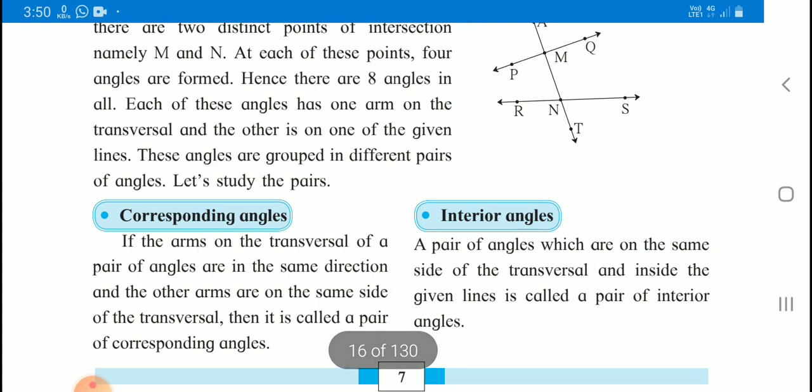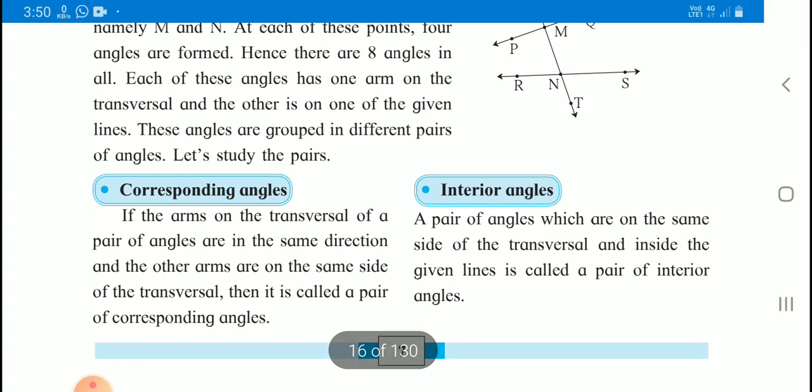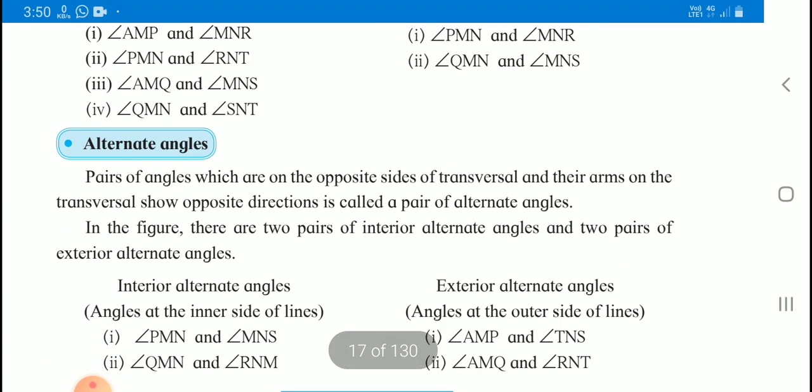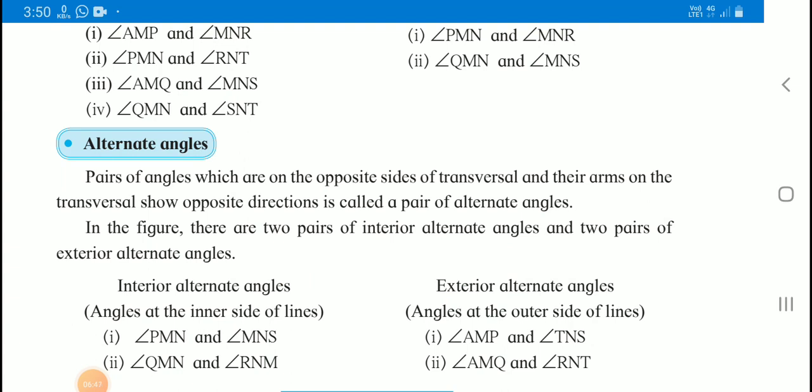Next, a pair of angles which are on the same side of the transversal and inside the given lines is called a pair of interior angles. Next we will see the pair of alternate angles. Pairs of angles which are on the opposite sides of the transversal and their arms on the transversal show opposite directions is called a pair of alternate angles.